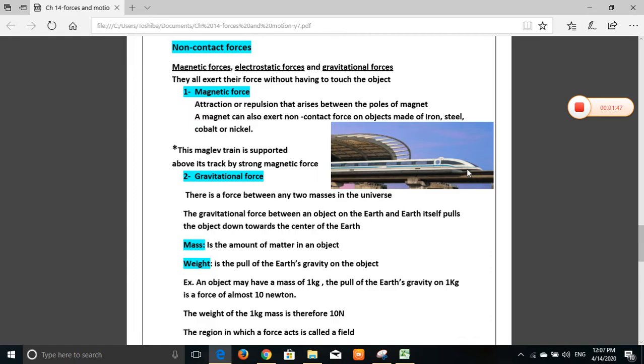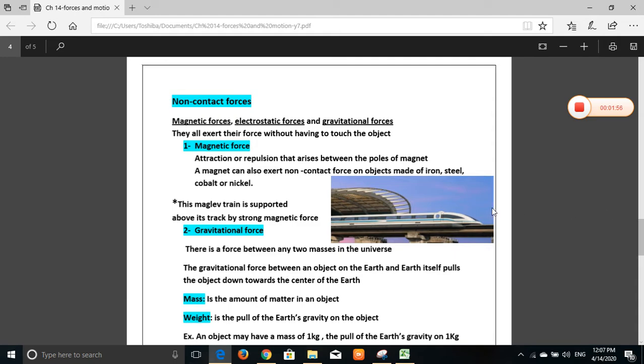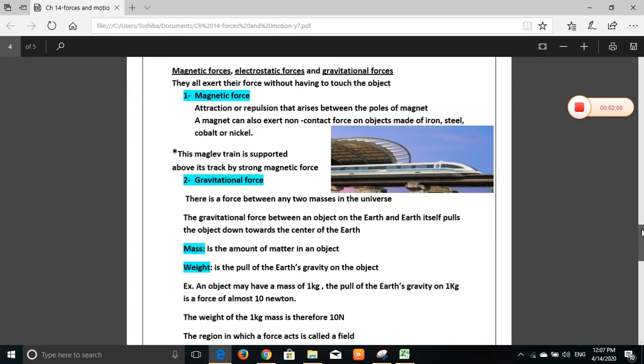The attraction between them creates a magnetic field, and so magnetic force is produced between the two different types of iron or steel or cobalt and nickel, and finally a non-contact force is produced.